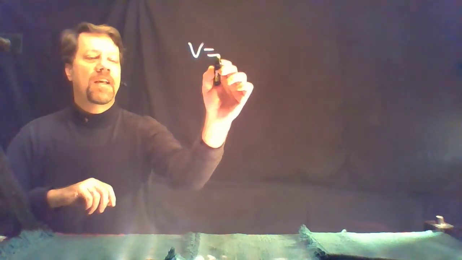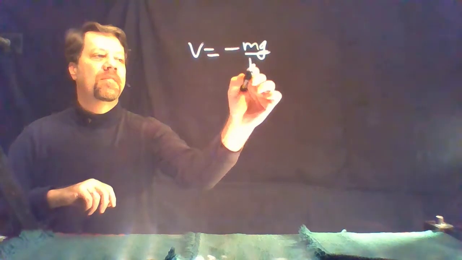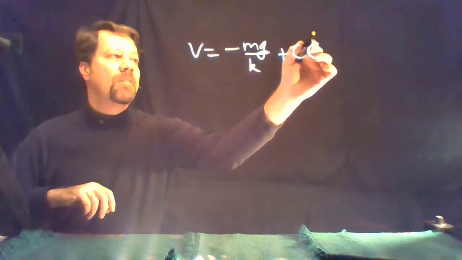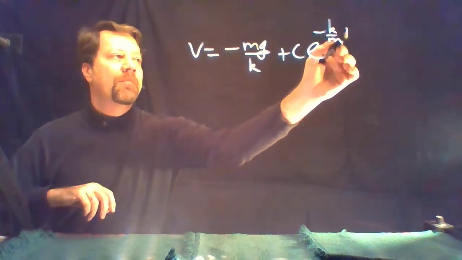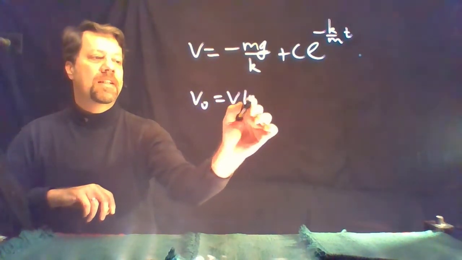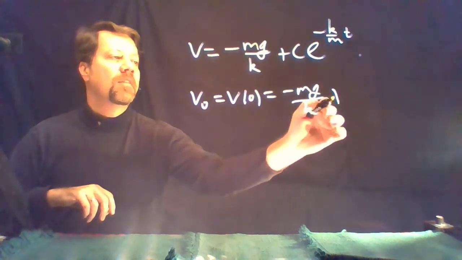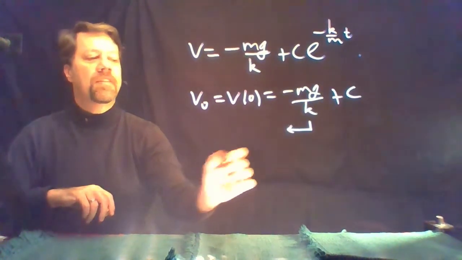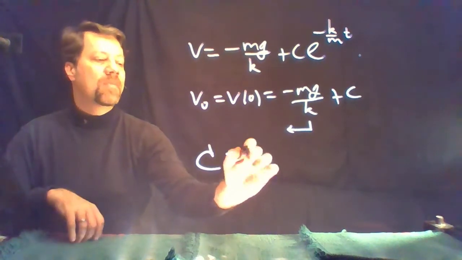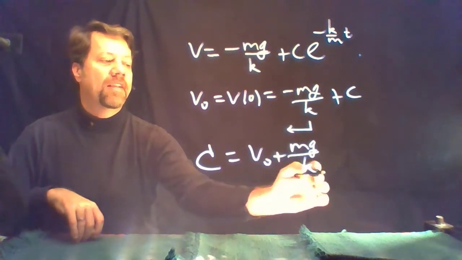So far, we have v is minus mg over k plus C e to the minus (k/m)t. If v naught is v at time 0, we get minus mg over k plus C. Moving this term to the left, we get C is v naught plus mg over k.